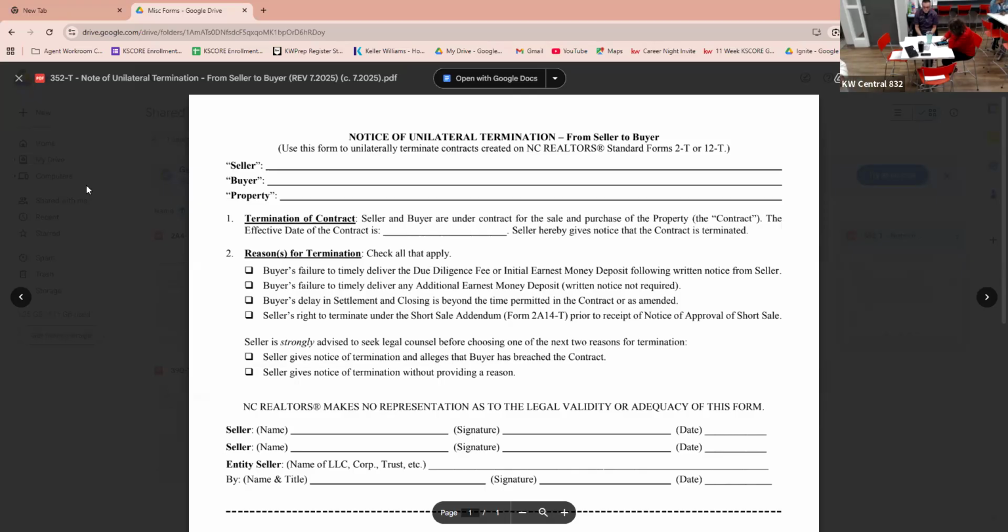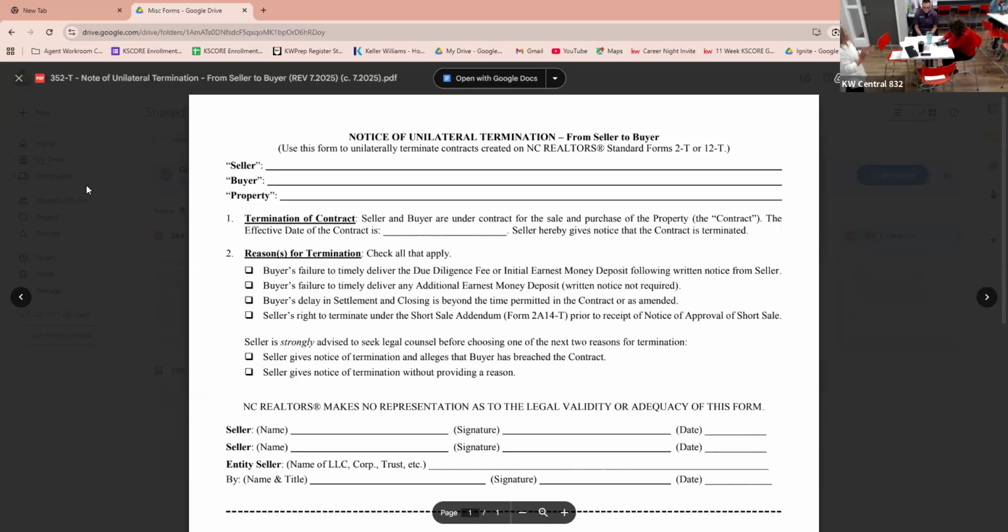Anything underneath that, we would want the seller to consult an attorney on, if they check either of those two boxes underneath. Seller gives notice of termination and alleges that buyer has breached the contract. Anytime somebody mentions the word breach to you, attorney.